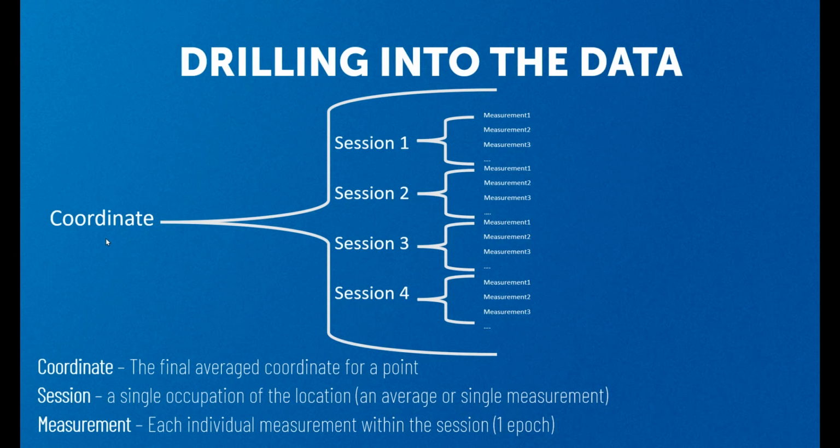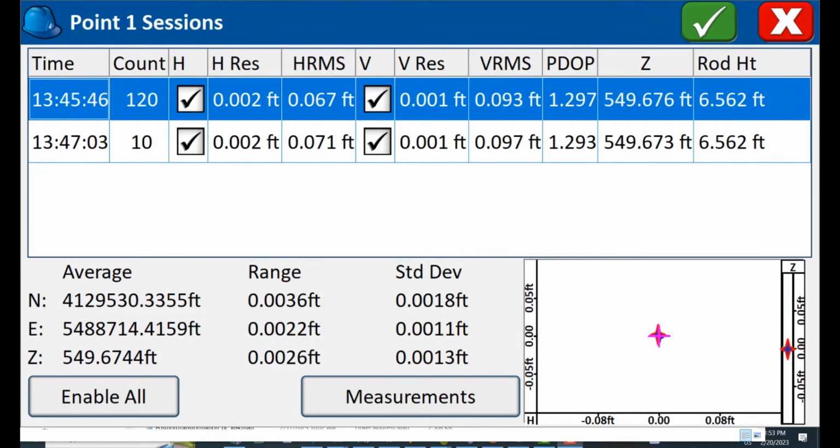It becomes important to understand this as you start to drill into the data in the software. So in the case that I've just done, we have 2 sessions on this point, and the first session has 120 measurements, and the second session has 10 measurements. Those 2 sessions are then averaged together to create our final coordinate. So with that, let's jump back into SurvPC and look at the sessions dialog on the data that we just collected.